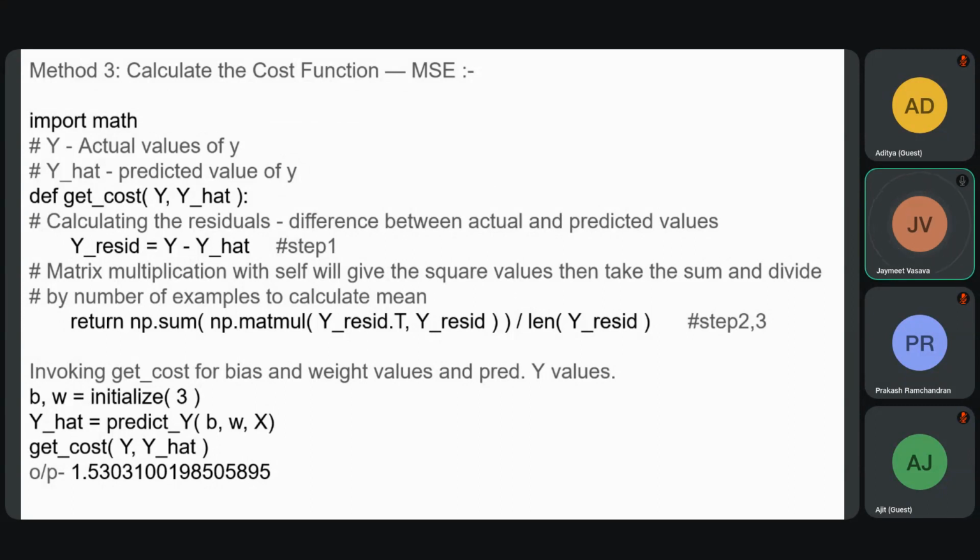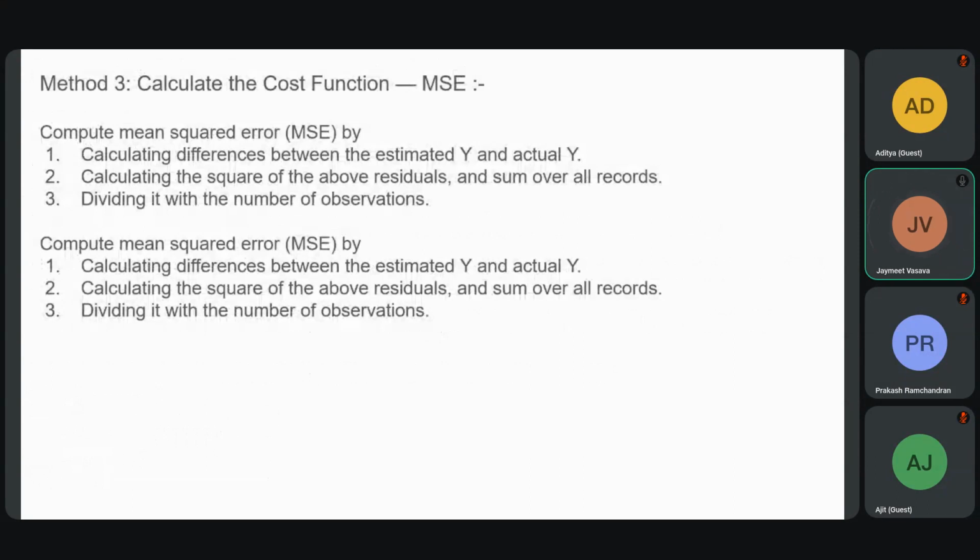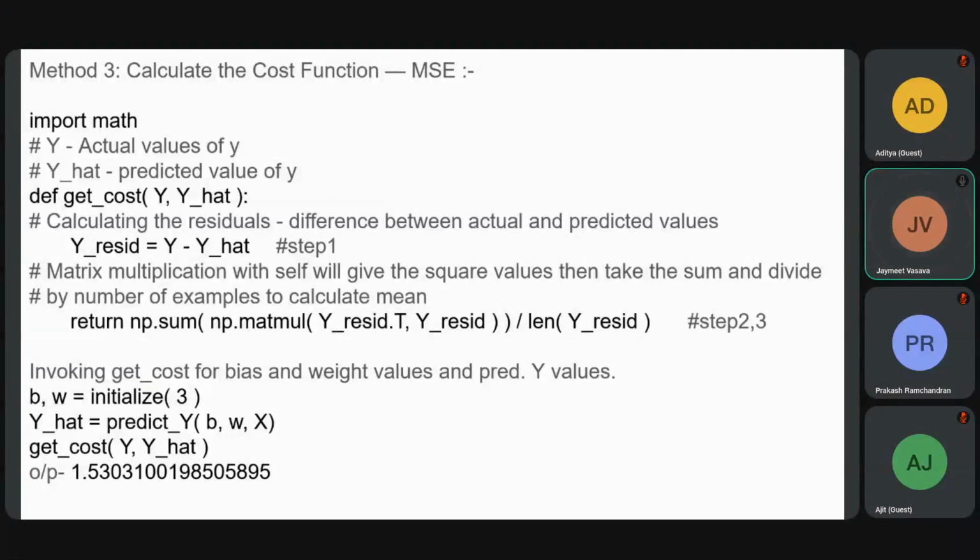So we'll be following the same thing that we just stated verbally in the code. We'll be defining a get cost function, which will take the actual values of y and the predicted values of y, which was step 1 over here. In the comments, you can see steps 1, 2 and 3 and how they are taken.